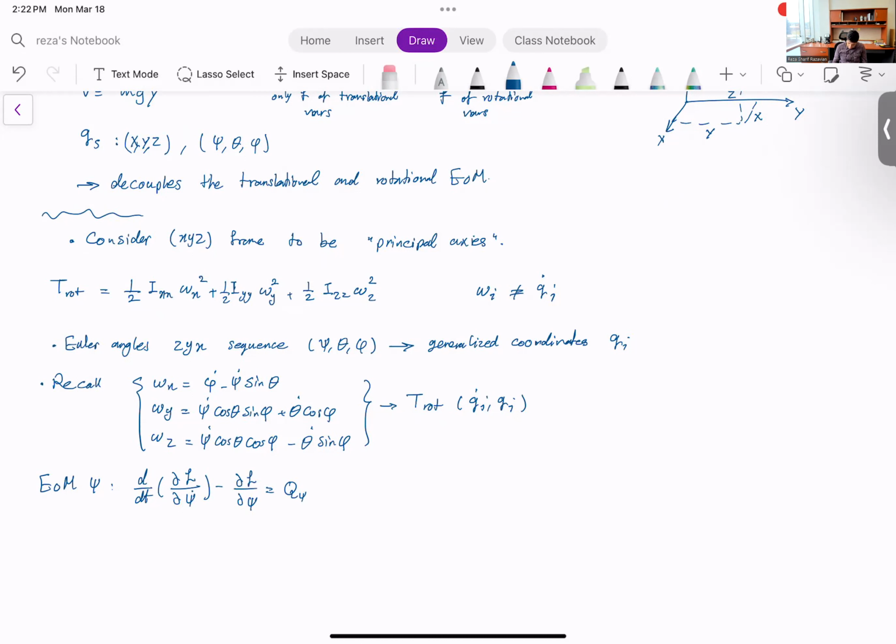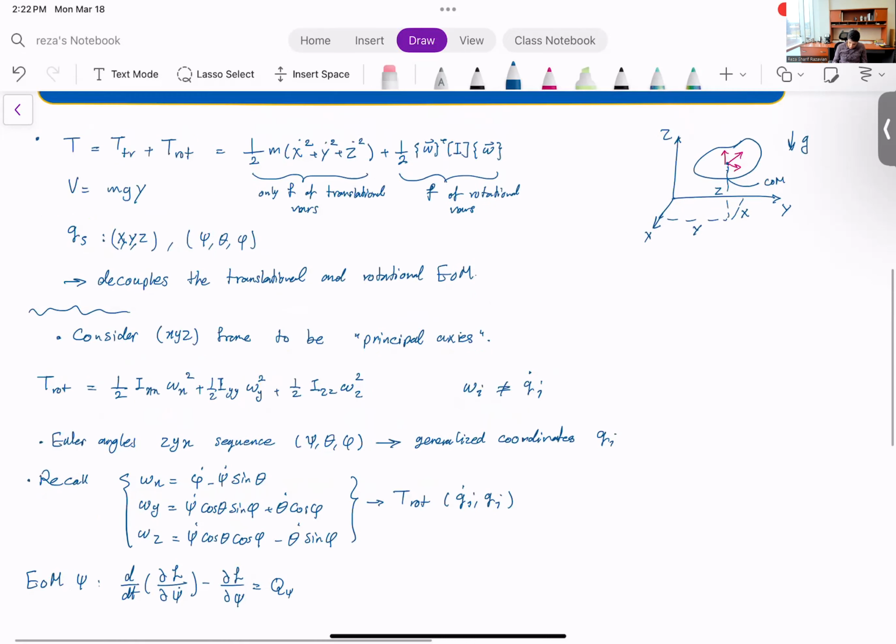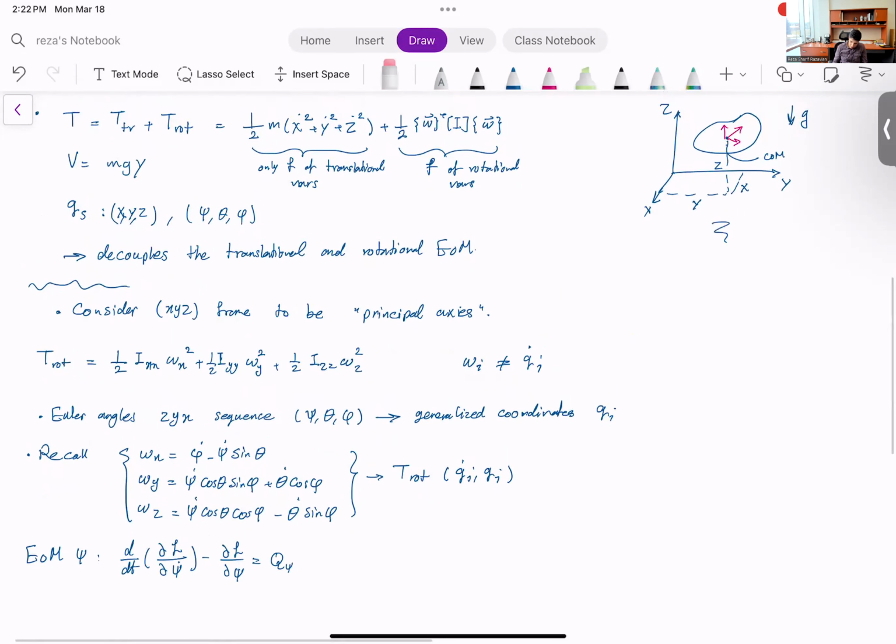Because of the situation I have up here, the potential energy does not depend on any of these orientations, because I have chosen the reference point of the frame to be at the center of mass. So as the body rotates and changes orientation, the potential energy doesn't change. In this case, let me write it, L rotational equals T rotational minus V rotational equals just T rotational.